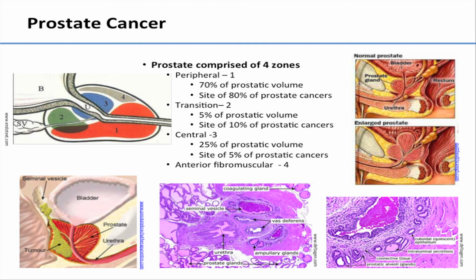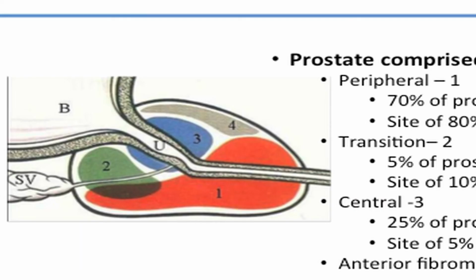And finally, but not least, prostate cancer. So the prostate's an interesting organ. I put the 4 zones that comprise the prostate, and the cancers usually occur in zone 1 here. Most of the cancers are here, and it represents the largest volume.